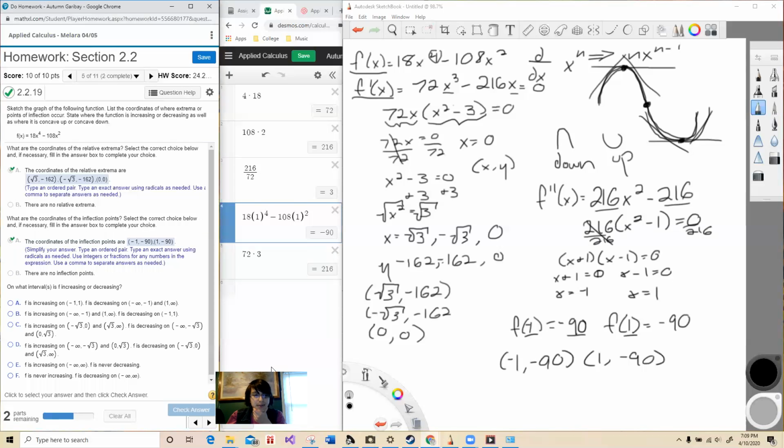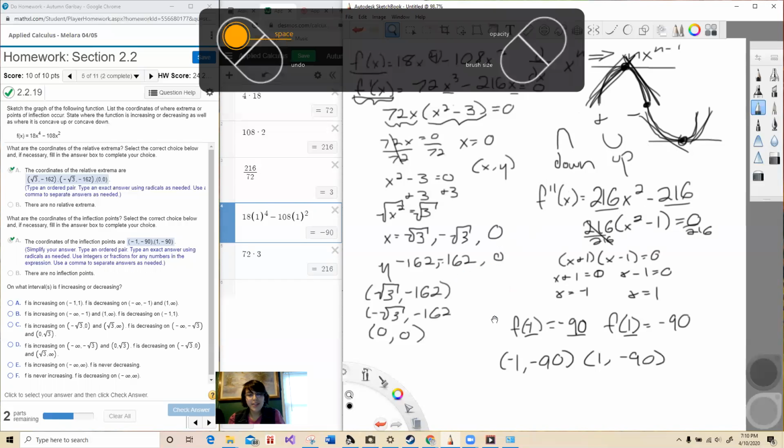On what intervals is f increasing or decreasing? So this will actually refer back to our derivative because, like we said, that's referring to slope. If slope is positive, it's going to be increasing. If slope is negative, it's going to be decreasing. And that changes at our extrema points.